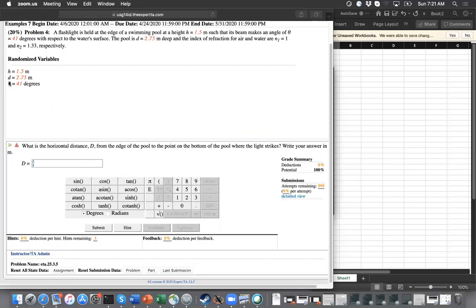So these are three of the parameters. We also have the indexes of refraction of air and water, which I'll write down here just to make sure we have them. So N1 equals 1 and N2 equals 1.33.